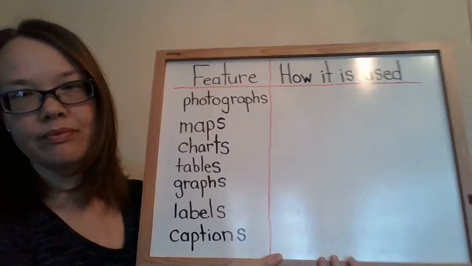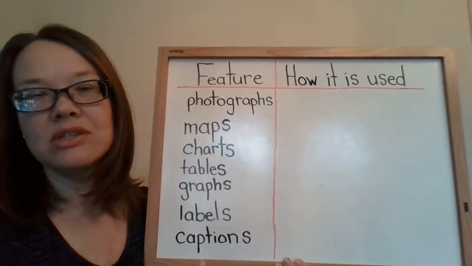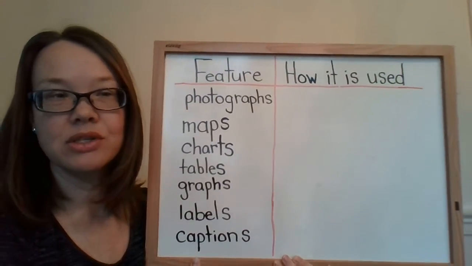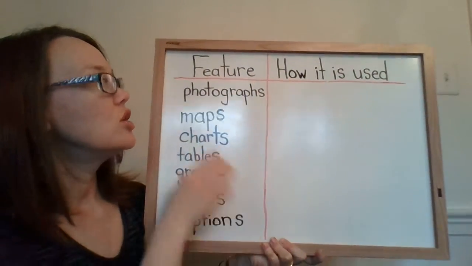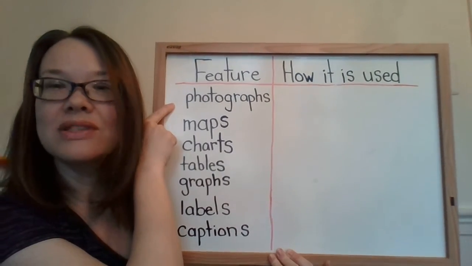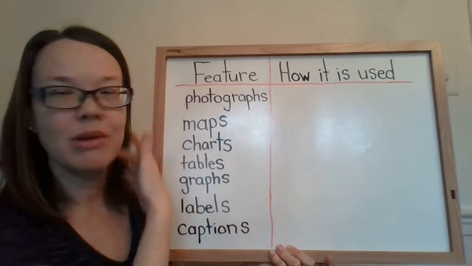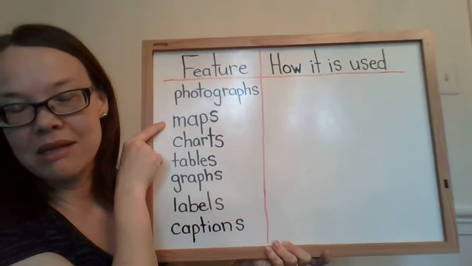If you want, you can then make a T-chart. Okay, and you can write down some of the features. These are some of the features that I've noticed in some of the nonfiction books I was looking at. So you can write them down. We've just noticed in that book, we saw photographs, lots of photographs. They help give us information about the text. You might see maps.